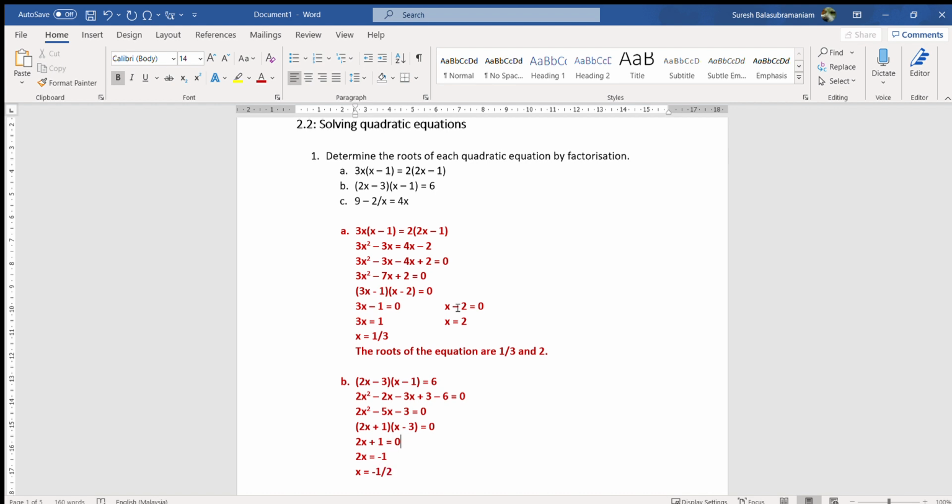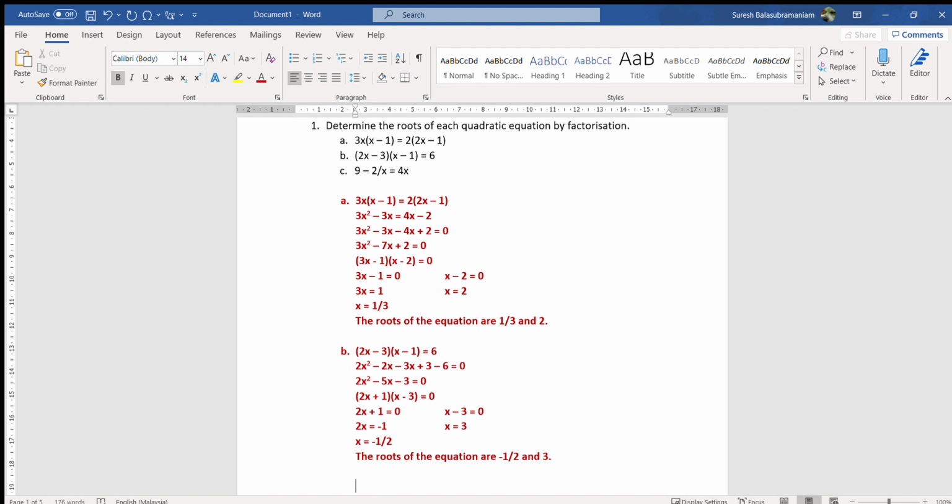Now from the second bracket, x - 3 = 0, x = 3. So those are the roots of the equation. I can write that the roots of the equation are -1/2 and 3. That will be the answer.